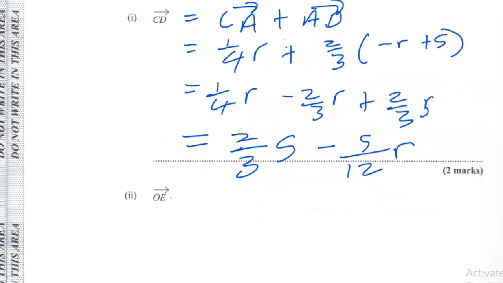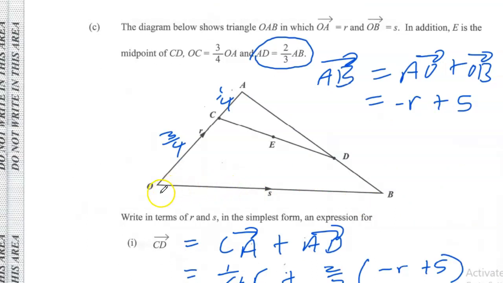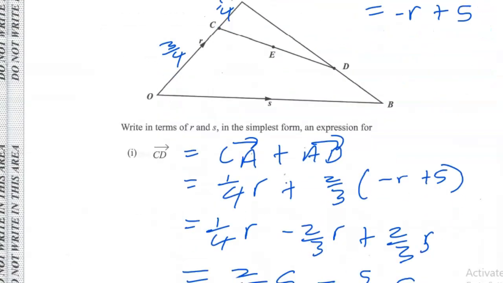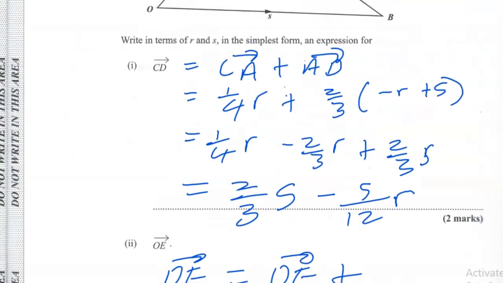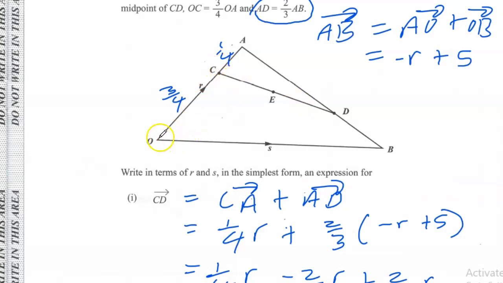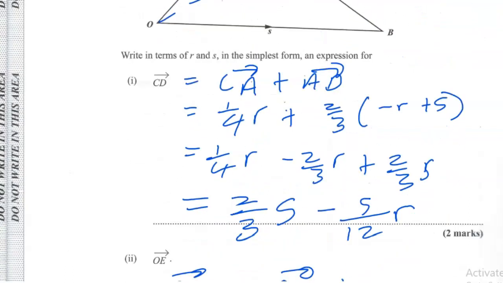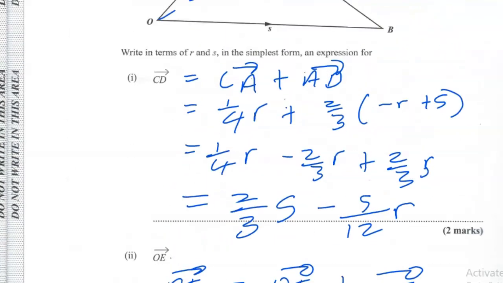So that's CD. Now let's find OE. To get from O to E, we can go O to C and then C to E. Now what's OC?